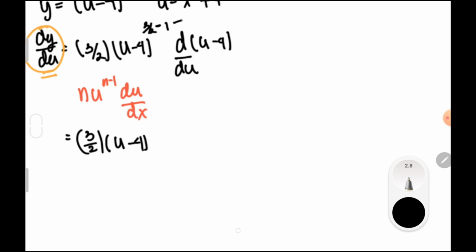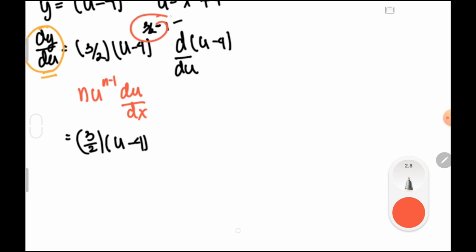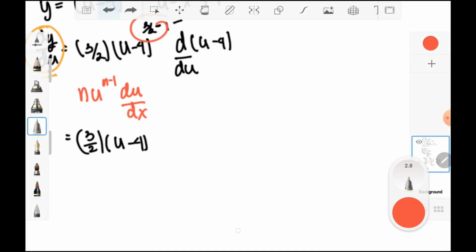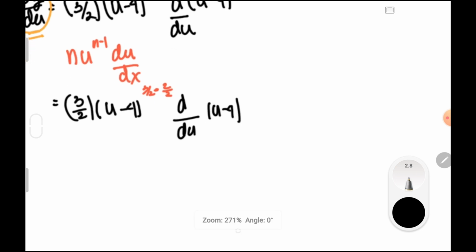So from this, we'll have a value equal to 3 halves multiplied by u minus 4 raised to 3 halves minus 1, which can be solved as 3 halves minus 2 over 2, right? Multiplied by the derivative of u minus 4, where the derivative of u is equal to 1 and the derivative of 4 is 0.